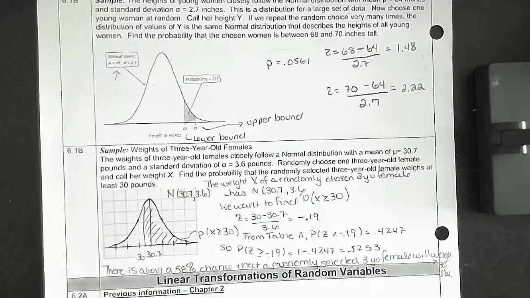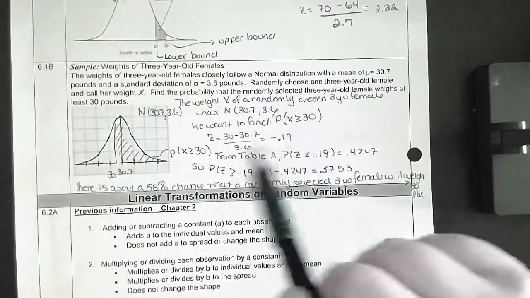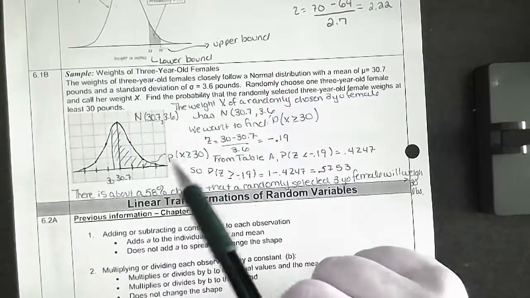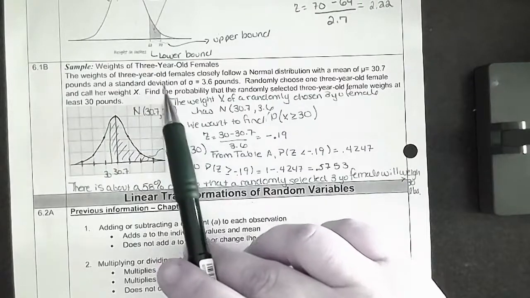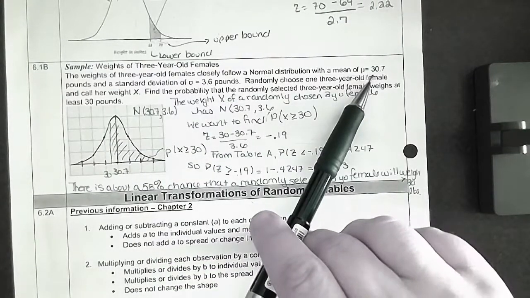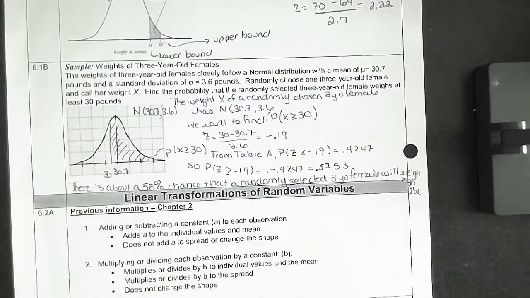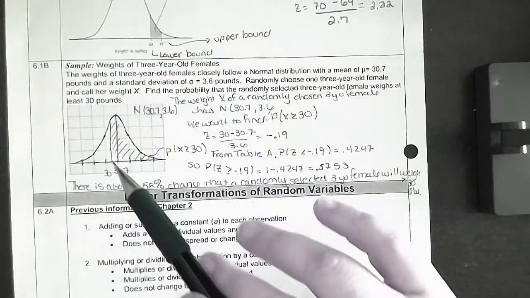The same thing happens here, and I actually worked this one out using the z-scores and getting the areas. We have weights of 3-year-old females, which closely follow a normal distribution with a mean of 30.7 pounds and a standard deviation of 3.6. If we choose one random female, what is the probability that she will weigh at least 30 pounds? So that would be 30 pounds or greater.